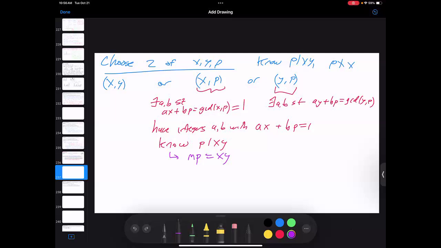Would you solve for X? I could then say P equals XY over M, and maybe substitute that in here. Maybe get AX plus B XY over M equals 1. But I'm not sure how I'm going to get a contradiction from this. It's not a bad thing to try.